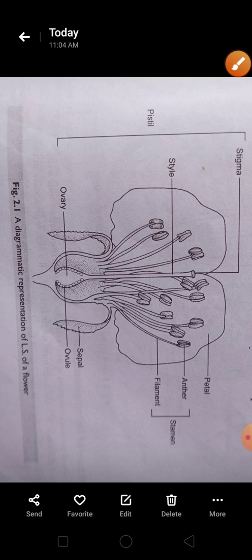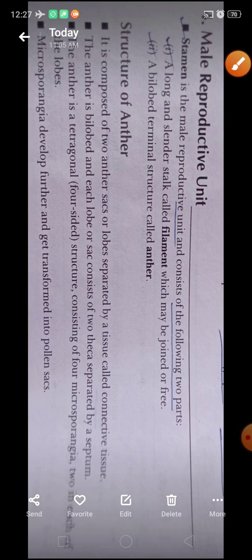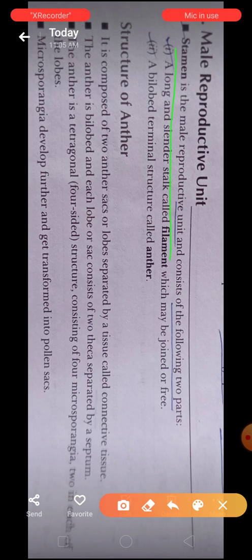After that, we will discuss the male and female reproductive systems in detail and the fertilization. Children, in the male reproductive unit, the stamen is the male reproductive part, and it consists of two parts.